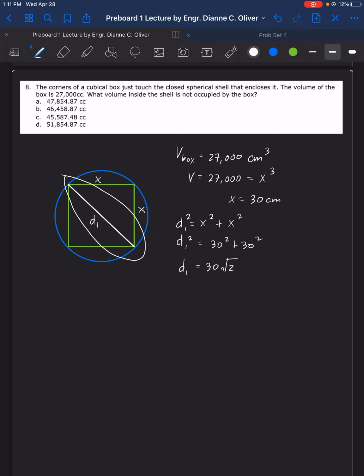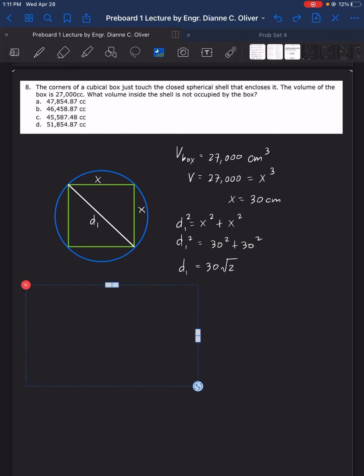This is not yet the diameter of the sphere. Why is it that it's not the diameter? So this is the box.